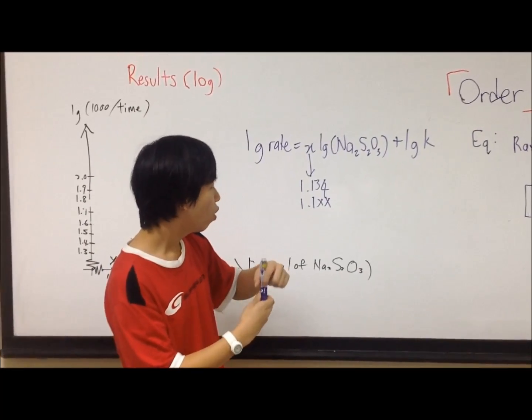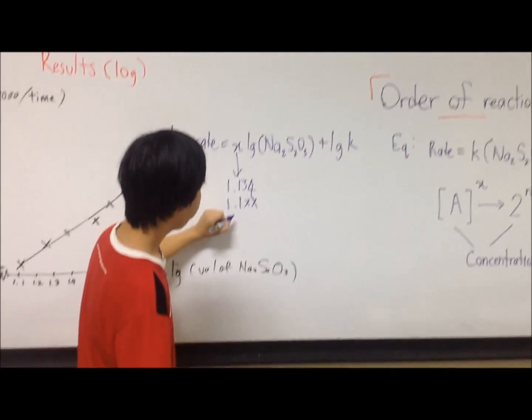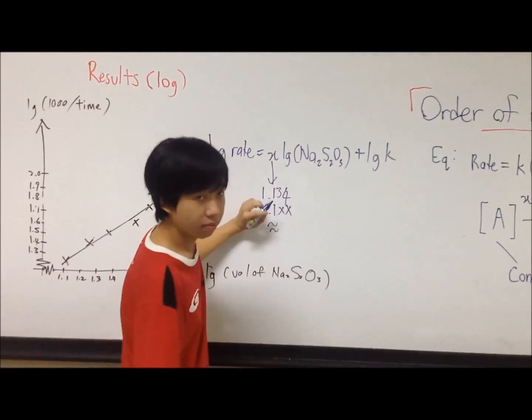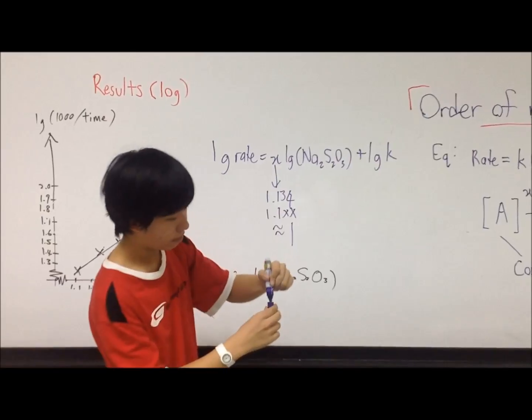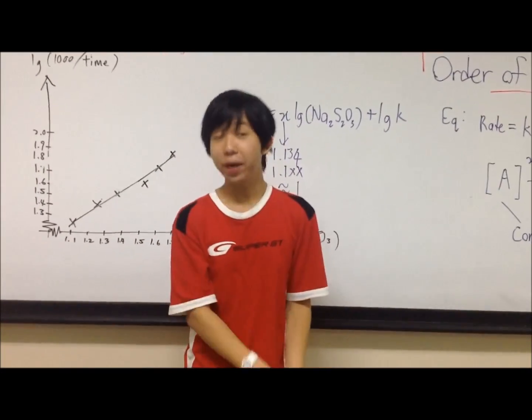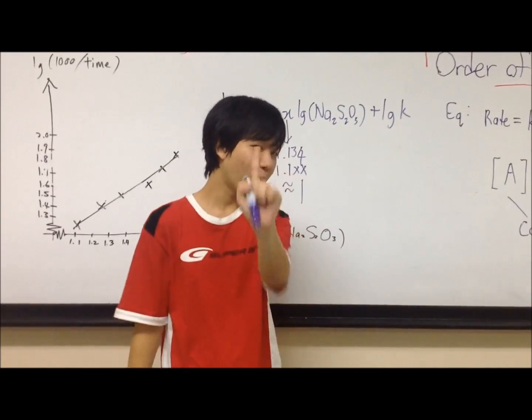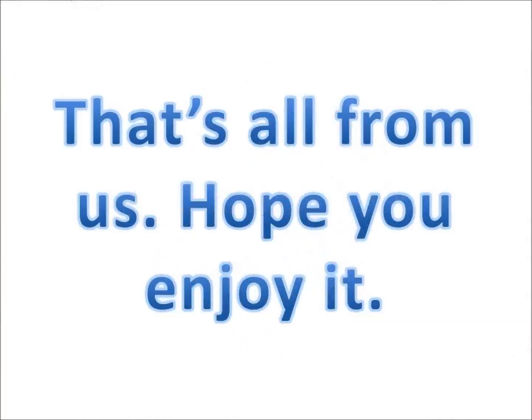So the trend that we see here is the answer is close to 1. Therefore, I can conclude that for our experiment 6, x, which is the order of reaction, is 1. Thank you.